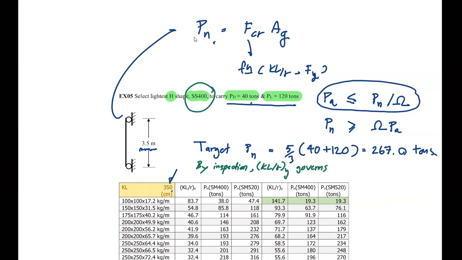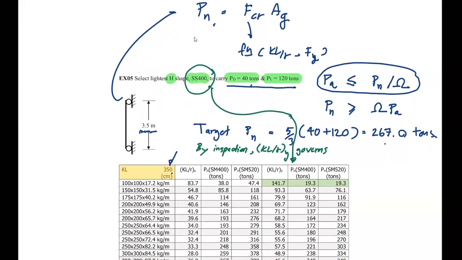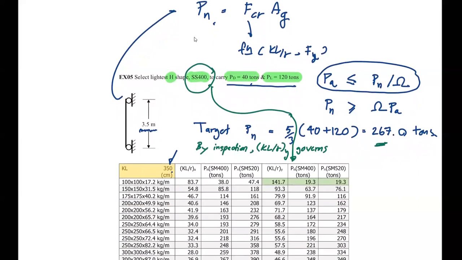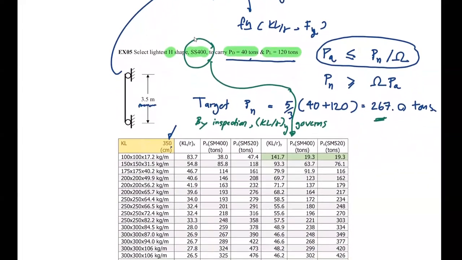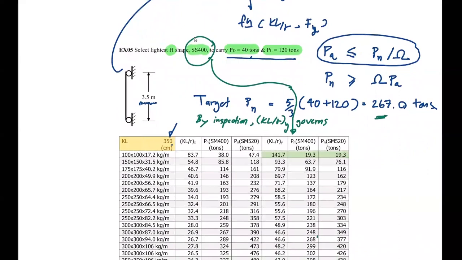So you come here on this side, with SS400, and you look at this table. Because we changed this target to nominal, you now keep looking until you hit the number that is greater than 267. So we are here, 268. You see that?